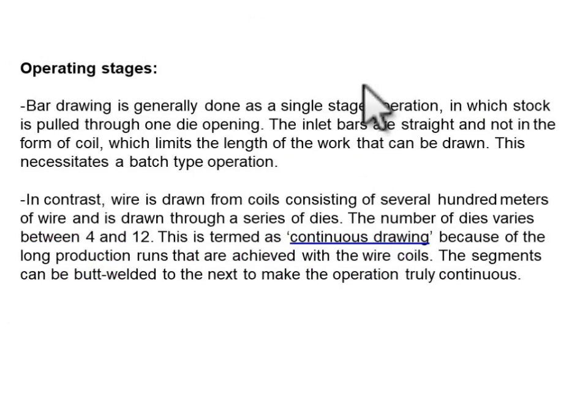Now the operating stages. Bar drawing is a single stage process, in which we have a diameter of significant size, and in a single stage we reduce the diameter. Single stage means we need a single die unit.